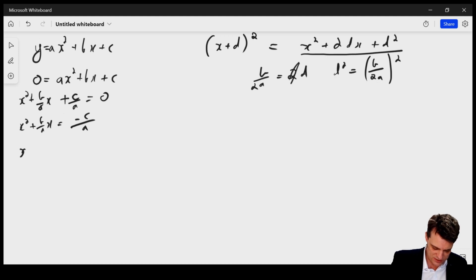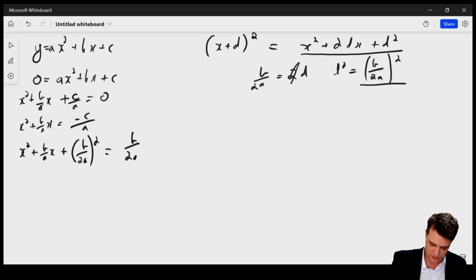So when we come back across to this other side, and this is the trick, what we want to do is add this to both sides, which gives us x squared plus b on a x plus b on 2a all squared is equal to b on 2a all squared minus c on a.